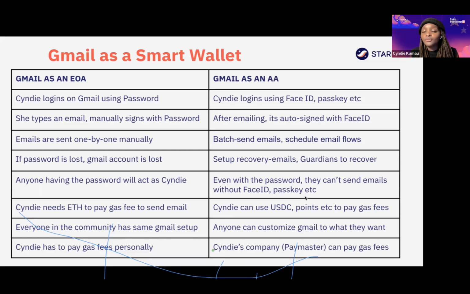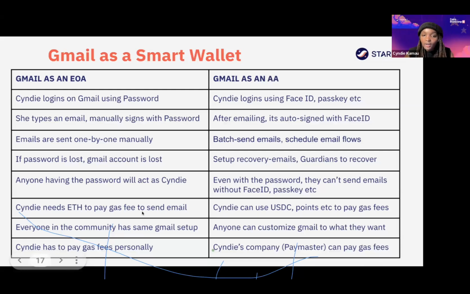So even if someone has my password for my Gmail wallet and they log in, it's not like they have my face or anything. Even if they try to send a transaction using my Gmail wallet, they'll still need my Face ID or an extra passkey. So there's nothing that they can do, right? One more thing.